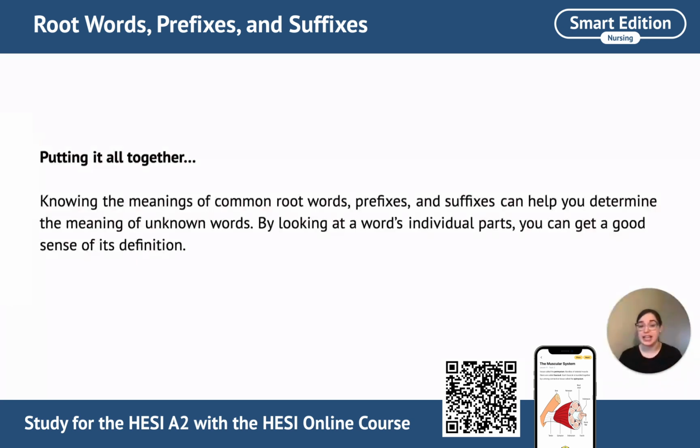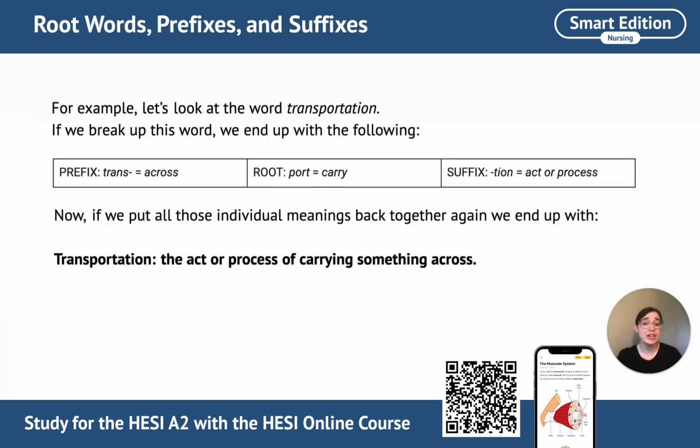So putting it all together, knowing the meanings of common root words, prefixes, and suffixes can help you determine the meaning of unknown words. So by breaking an unknown word down into its individual components, you can get a good sense of its definition. So let's look at the word transportation. If we break this word down, we end up with the prefix trans, meaning across, the root port, meaning carry, and the suffix tion, meaning act or process.